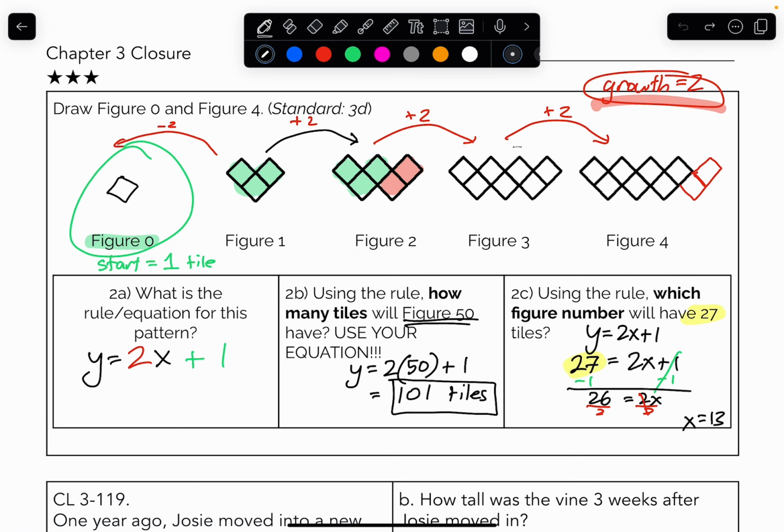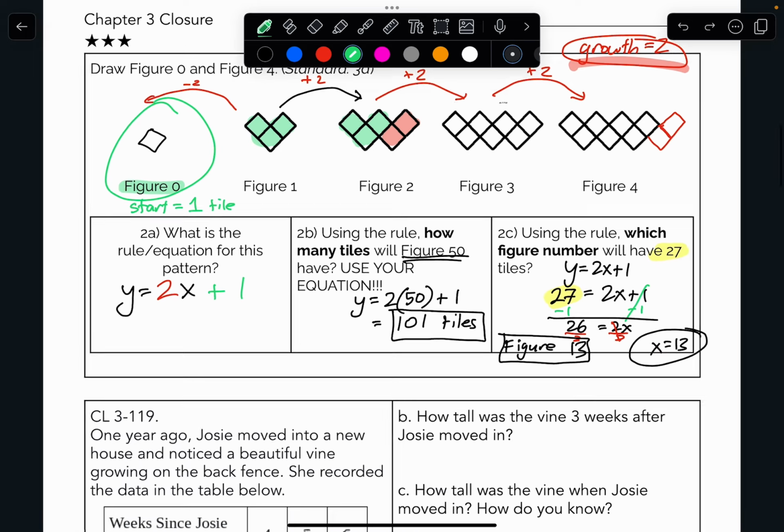I'm going to more specifically say figure 13 will have 27 tiles. Now double check. Does 13 times 2 plus 1 equal 27? Yes, it does. So we got the right answer.